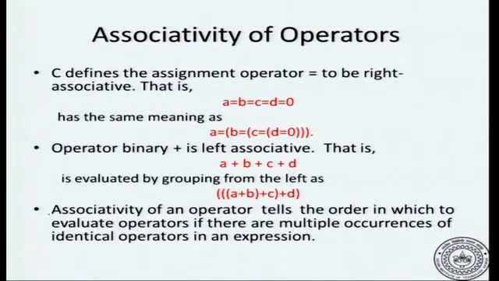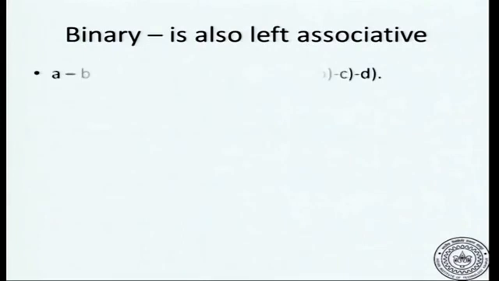So associativity rules tell you that if there are identical operators in an expression, in which order do you evaluate them? Do you evaluate them from left to right? If you do, then it is called a left associative operator. If you evaluate from right to left, in the case of, for example, the assignment, then it is called a right associative operator. Binary minus is also left associative.